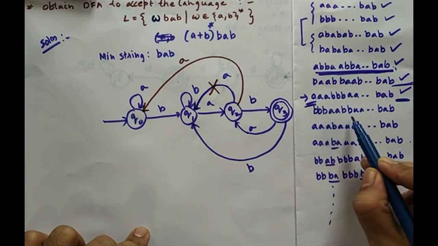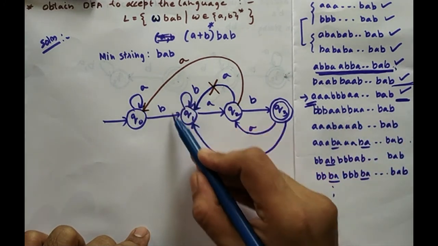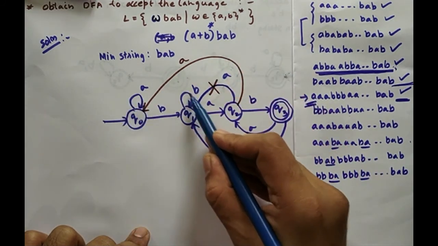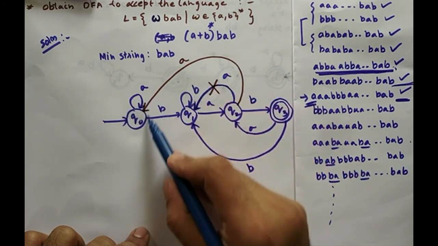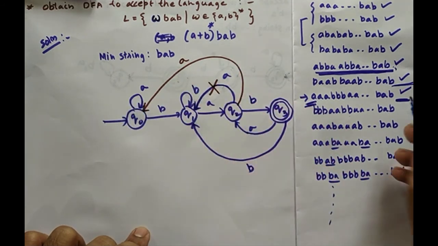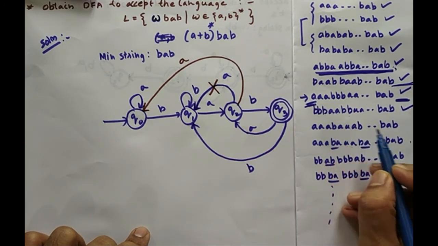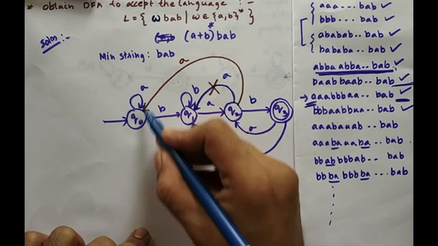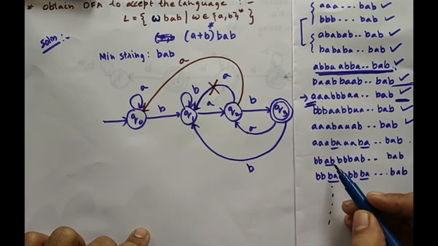Some B's, some A's, some B's, some A's ending with BAB. So first B, some B's, first A, some A's, then some B's, some A's ending with BAB, accepted. Then some A's B, then again some A's B, and so on, ending with BAB, accepted.